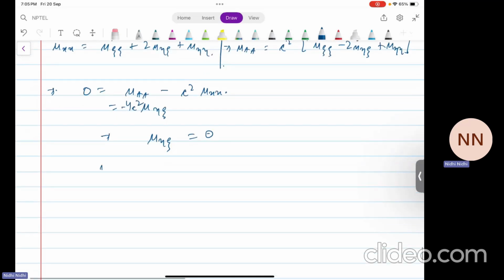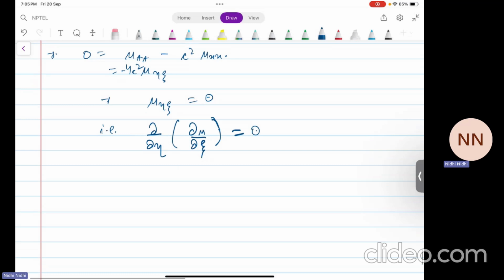That means del by del eta of del u by del zeta is 0. This implies the function del u by del zeta is constant with respect to eta.